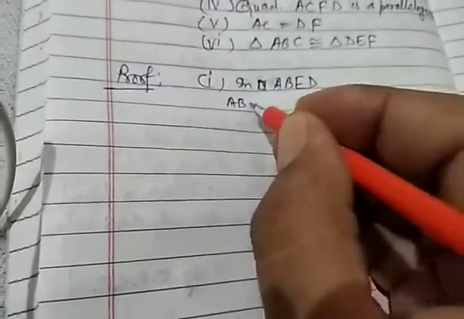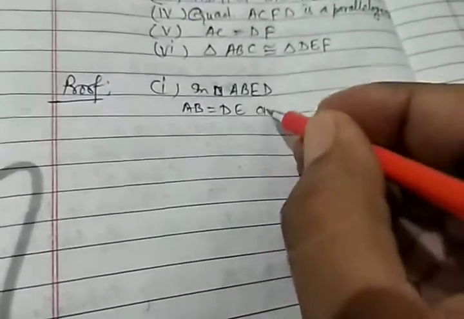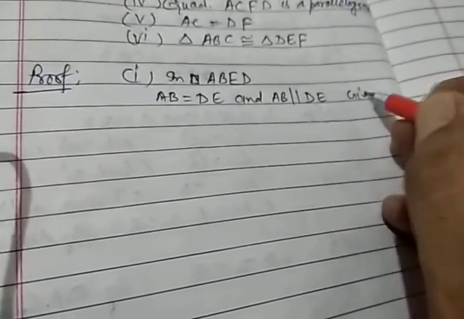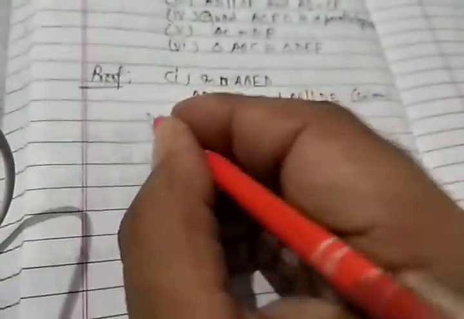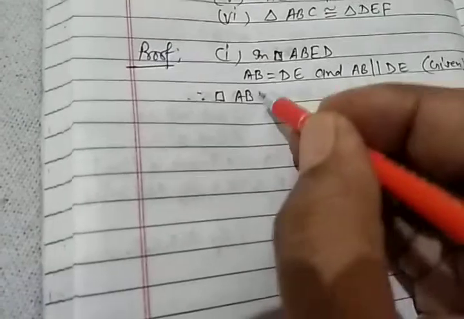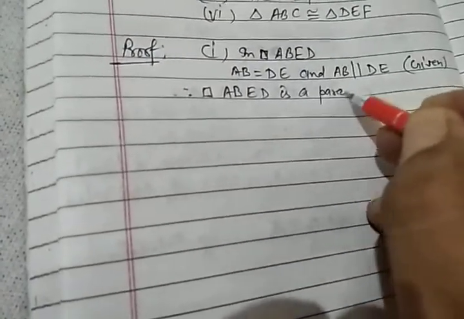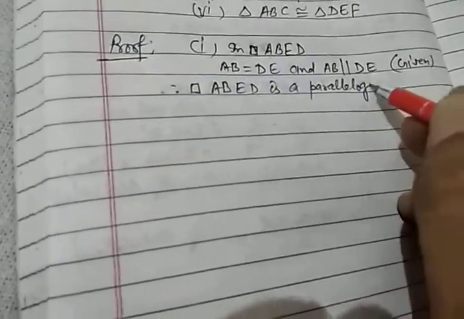Here AB equal DE and AB parallel DE, that is given in question. Therefore quadrilateral ABED is a parallelogram.